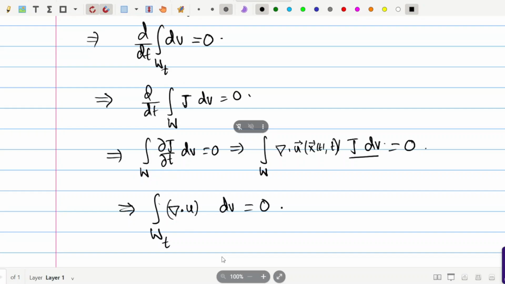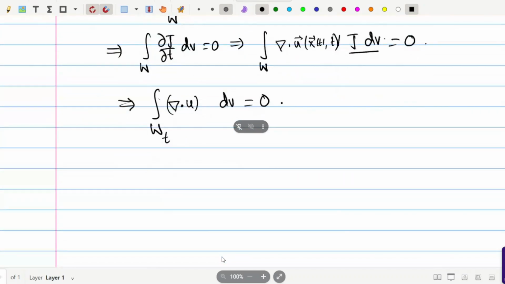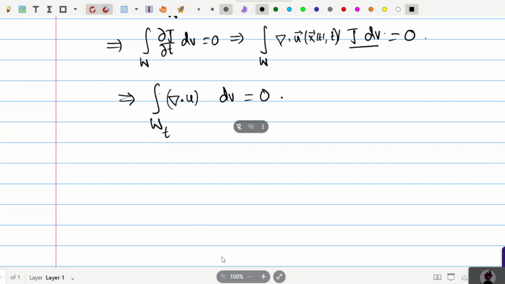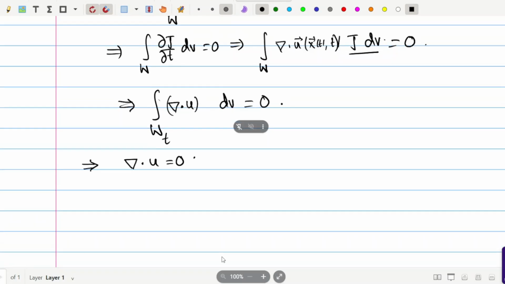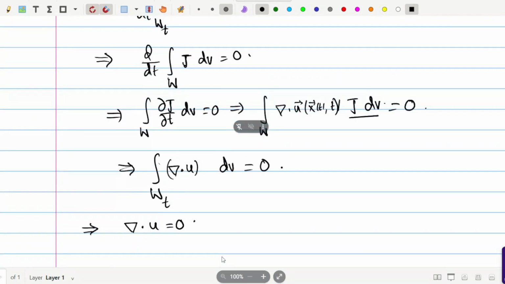If the fluid is incompressible, what is it that you gain? Ω_t is arbitrary, so that will give you del dot U equal to 0. And what can you say about J?